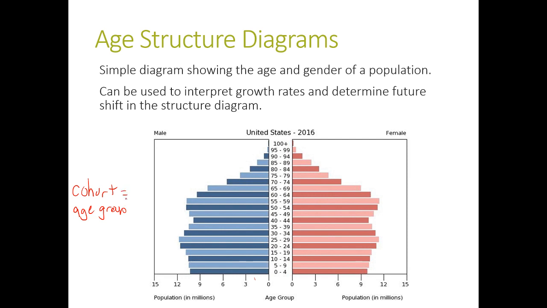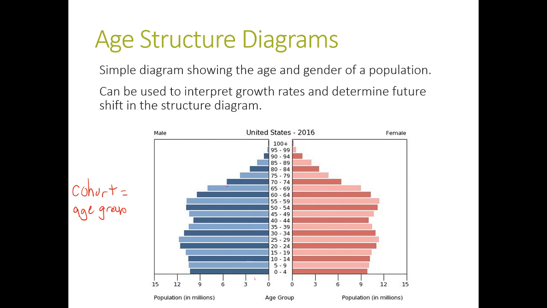So we can look at the population in 2016, and you can see that for ages 0 to 4, there were probably about 10.5 million males, and a little less than 10 million females. You can pick any age to find out, like people that were 70 to 74.